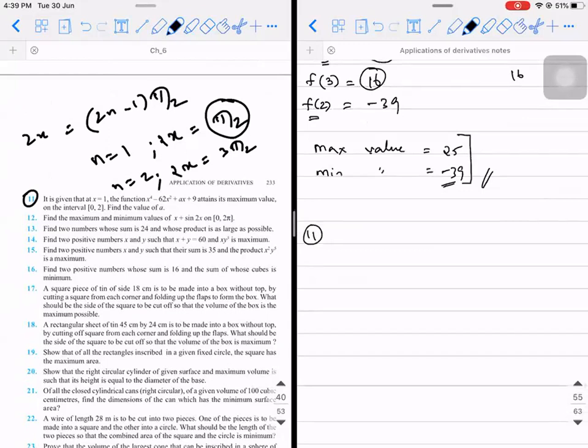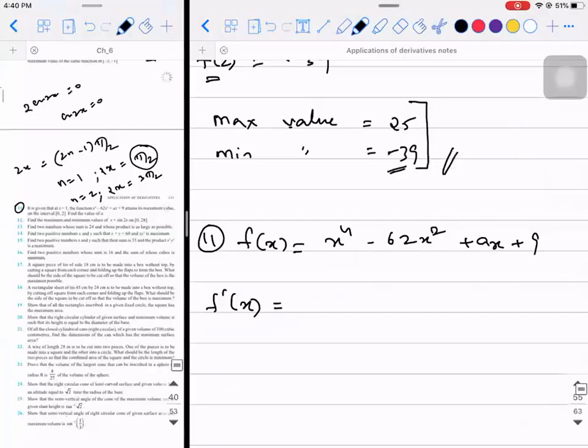So at x equal to 1, it attains the maximum value. What is the function? f of x is equal to x power 4 minus 62x square plus ax plus 9. Whether it is maximum or minimum, f dash of x should be equal to 0. So f dash of x is 4x cube minus 124x plus a, and this should be equal to 0.